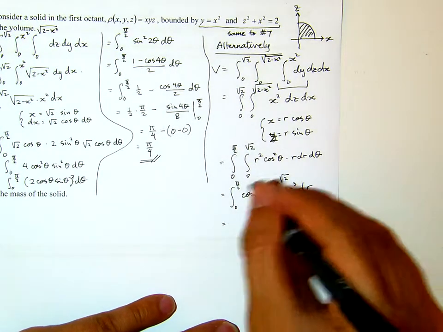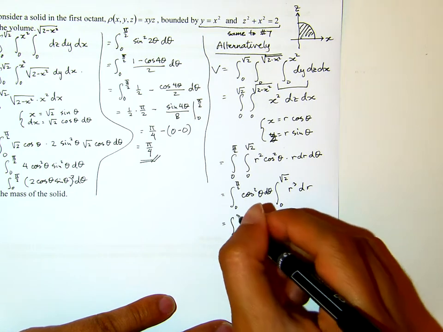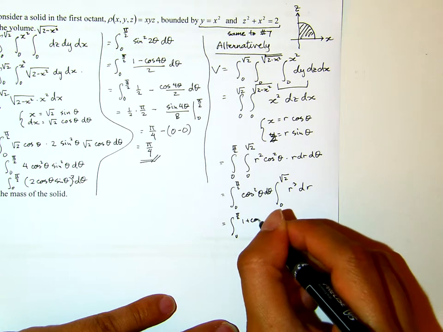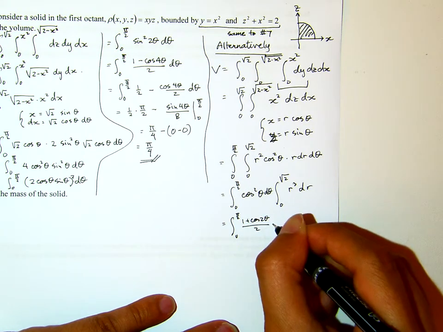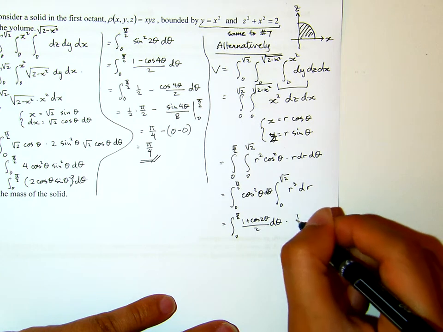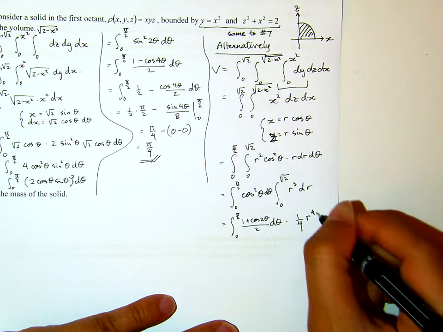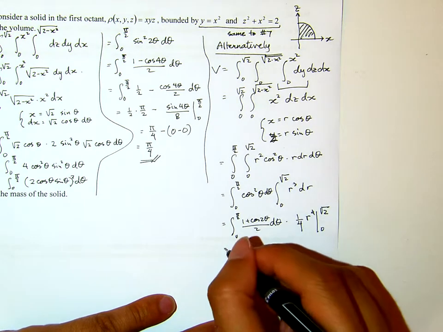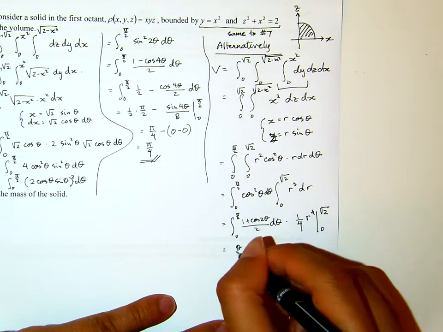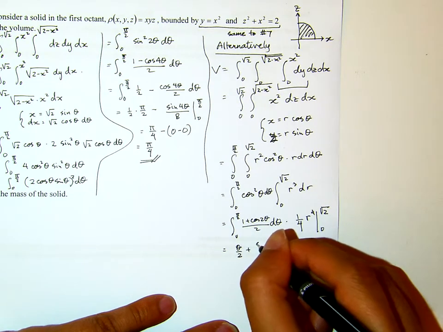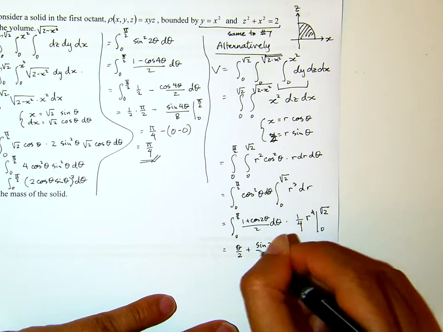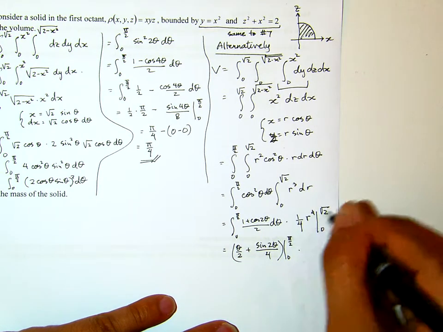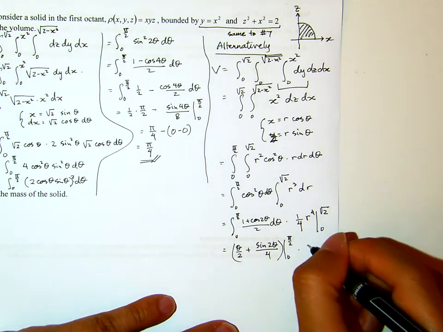Now I use the half angle formula: 1 plus cosine 2 theta over 2 d theta, times 1/4 r to the 4th from 0 to radical 2. Now the one here will be theta over 2 plus sine 2 theta over 4 from 0 to pi over 2, and this will be 1.